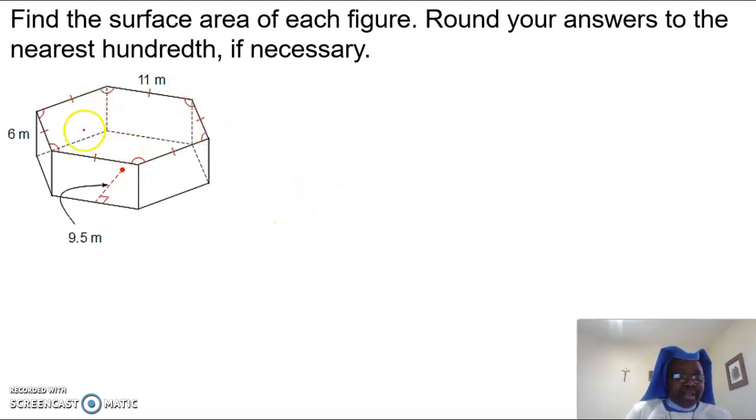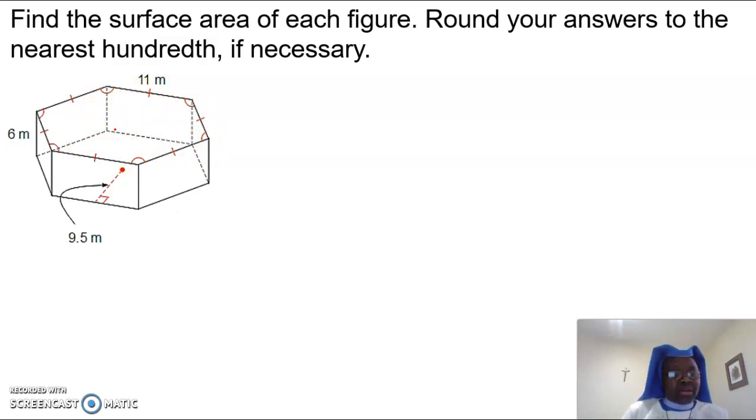Identify this solid. We see the sides of the top are the same, and this is 1, 2, 3, 4, 5, 6. That's a hexagonal prism, a regular hexagonal prism.